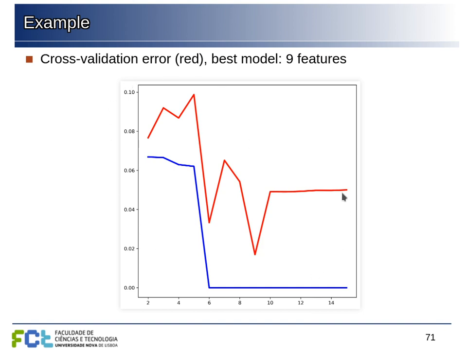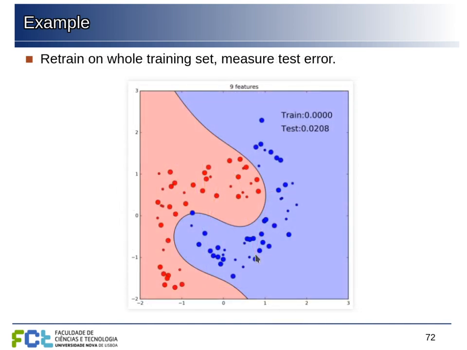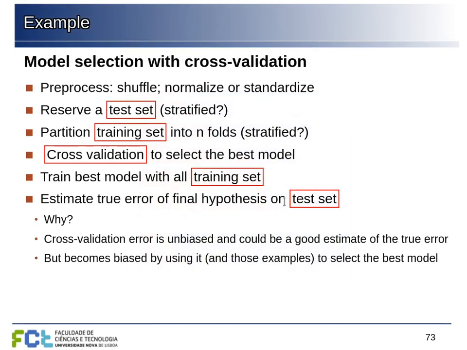When we take them all together and pick the smallest one on purpose, we are biasing the estimate because we are now increasing the odds that we pick the point that underestimates by chance the true error. So this is why we need the test set at the end, because if we don't have a test set, we will not have an unbiased estimate of the true error, since both training and validation have been used by us to decide and to optimize something.